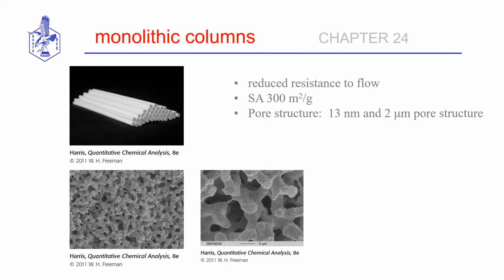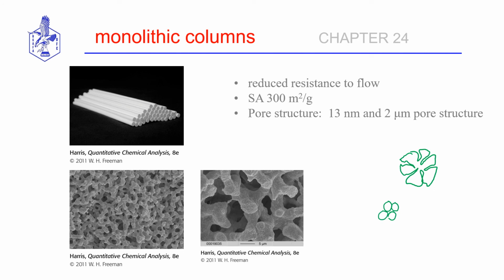To end our discussion of the options that we have in selecting our columns and the stationary phase materials within those columns is the state-of-the-art of where research is in regard to packed columns. Instead of having little particles that have big pore structures, as we've talked about recently, there's another strategy with creating a pore structure that has a large surface area that's not a bunch of little tiny particles that pack tightly into the column.